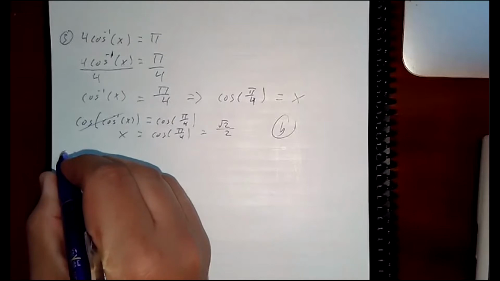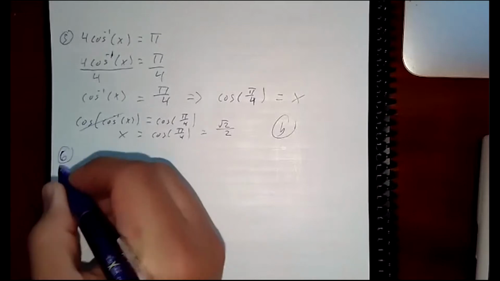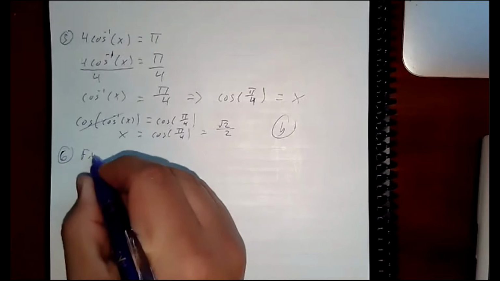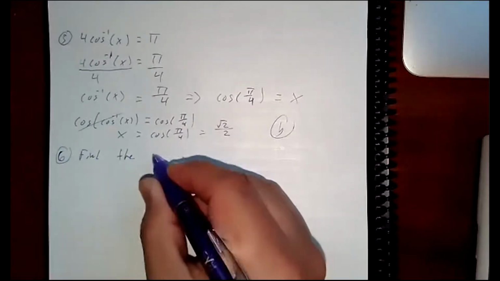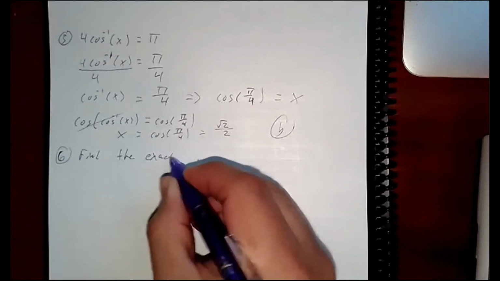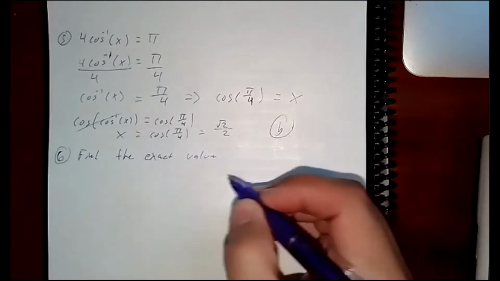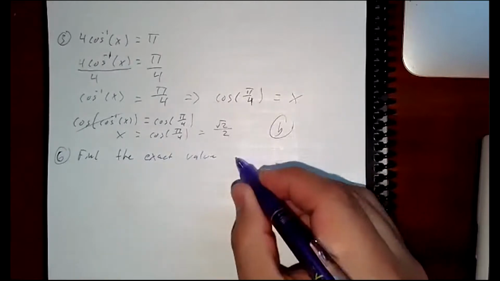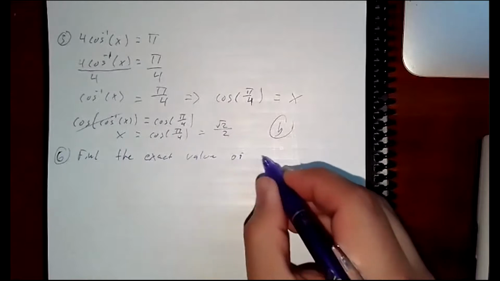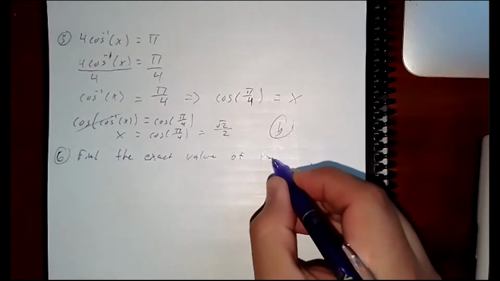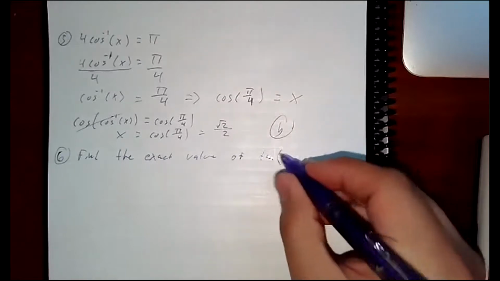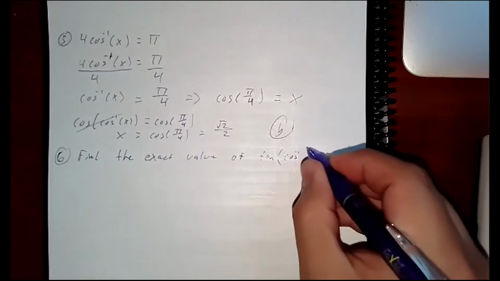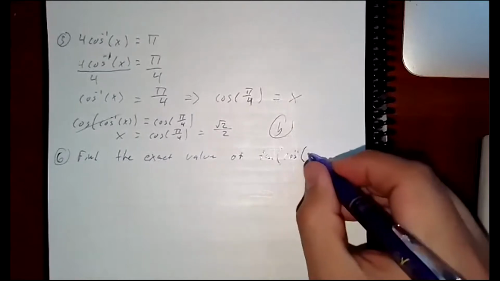Let's try 6. This one is kind of hard. Find the exact value. Write the instructions this time. Tangent of cosine inverse of -1/2.